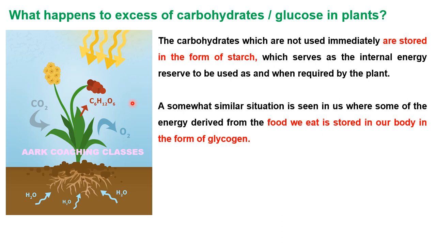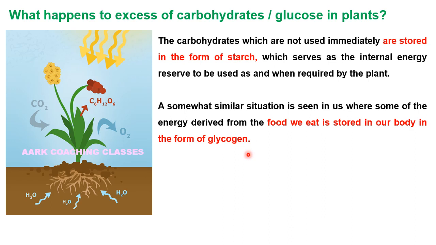Okay, all right. Then somewhat similar situation is seen in us, that means in human beings, where some of the energy derived from the food we eat is stored in our body in the form of glycogen. Now this is another polymer or another form of stored energy or stored food material in the form of glycogen.